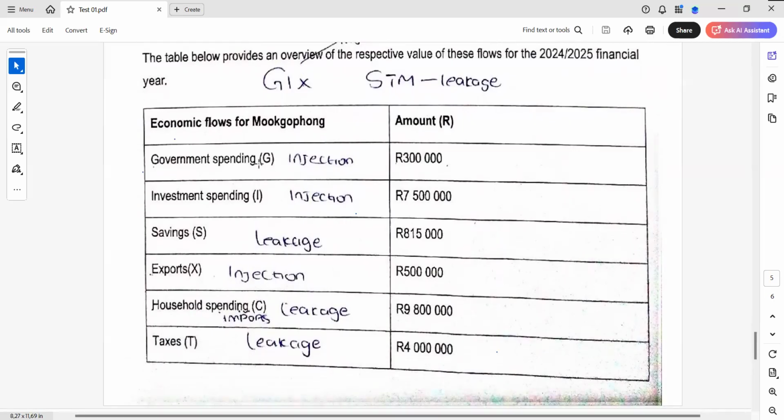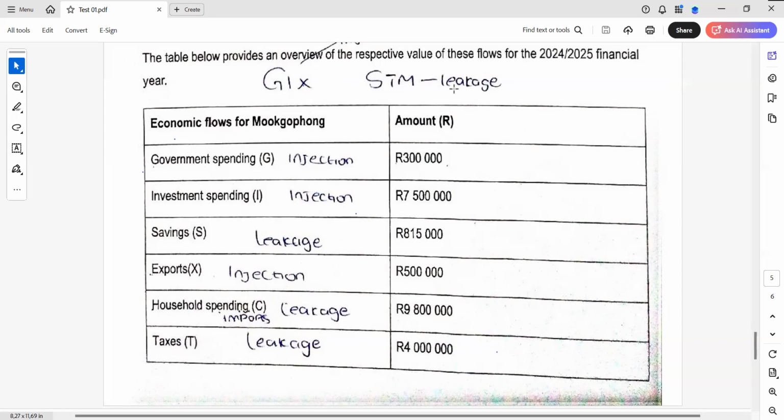So government spending, X, and M. Remember, X here is telling us these are exports. Obviously, if they're exports, it's an injection. M is imports. Imports are leakages, because to get these imports, we have to pay for them, right?